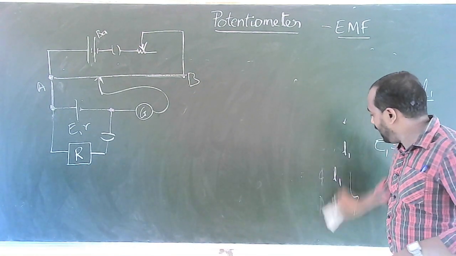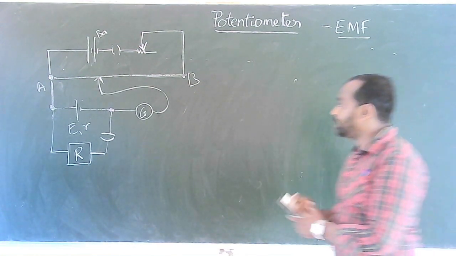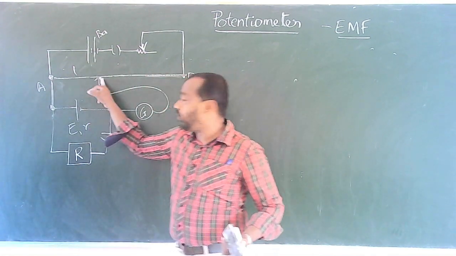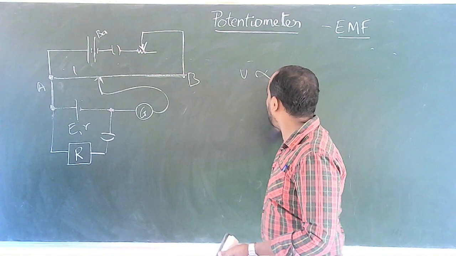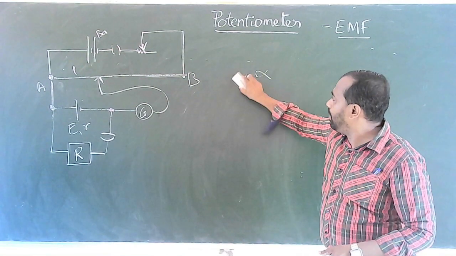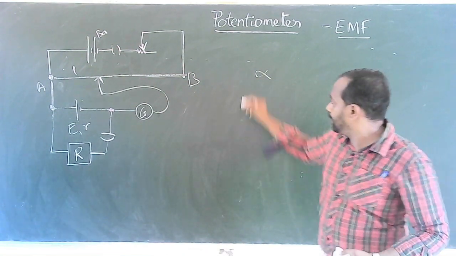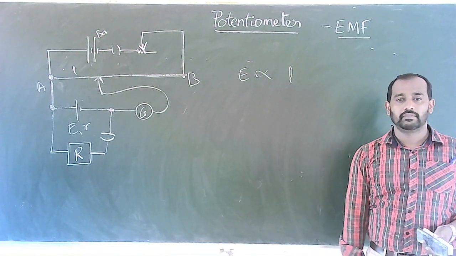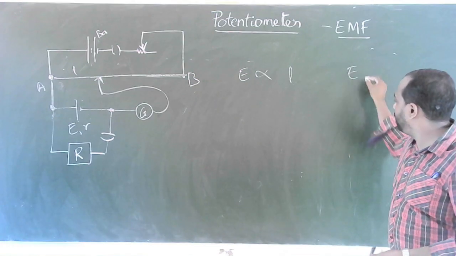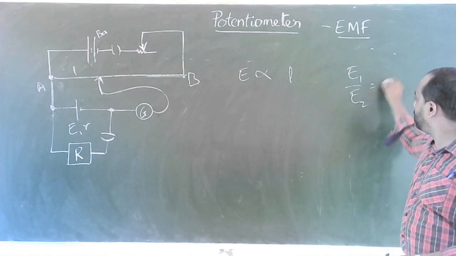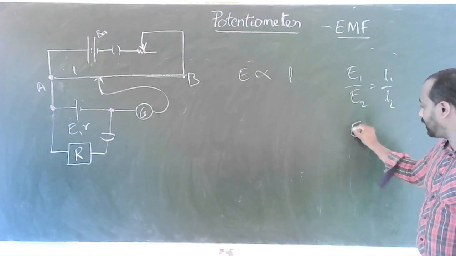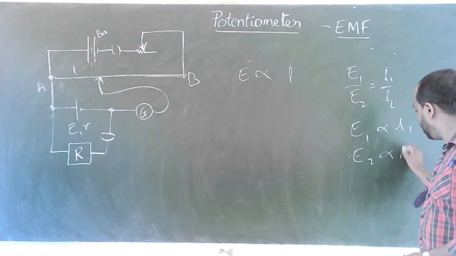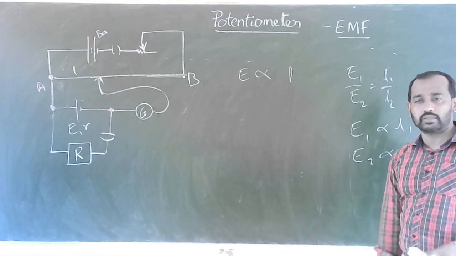While comparing the EMFs, we have seen that if this is the length, say L, the potential drop over this length, V, is directly proportional to L. If we obtain the balancing point, then the EMF is directly proportional to the length. So that's why, comparing the EMFs, we found that E1 by E2 is equal to L1 by L2, which means E1 is directly proportional to L1 and E2 is directly proportional to L2. This is the result that we are going to use here.